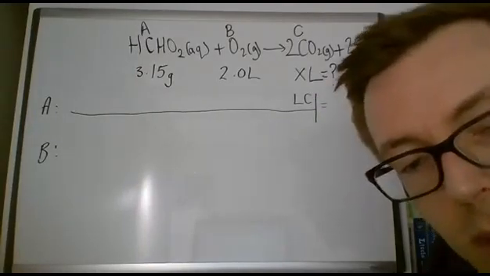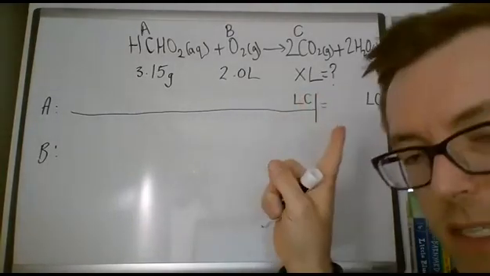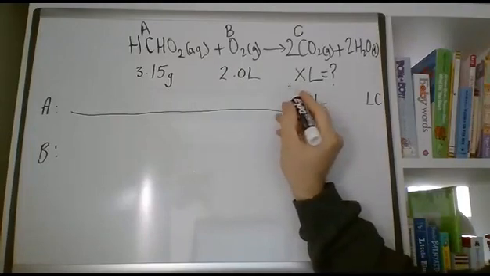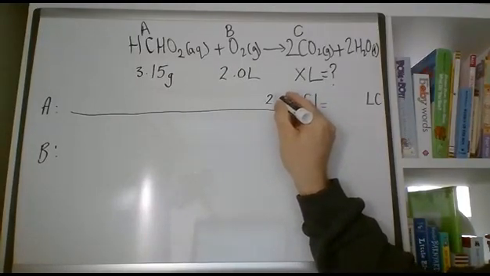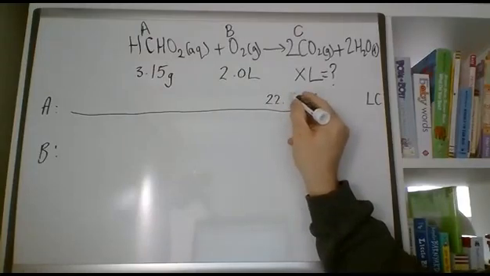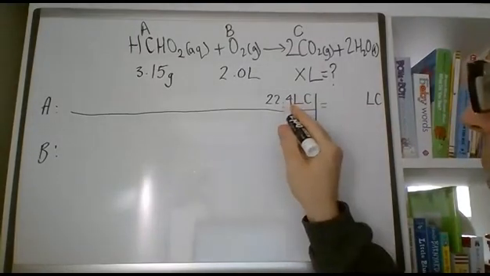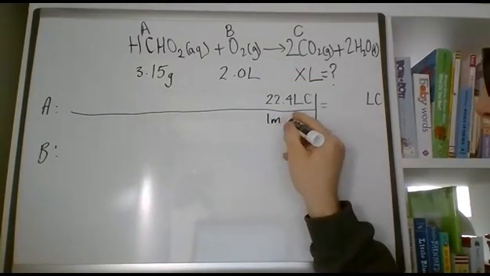Now, here's the thing that you may or may not know yet. Well, this bit you might not know. It's known that exactly 22.4 liters of a gas is exactly 1 mole of the gas.